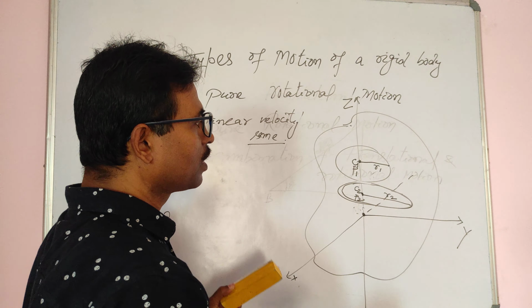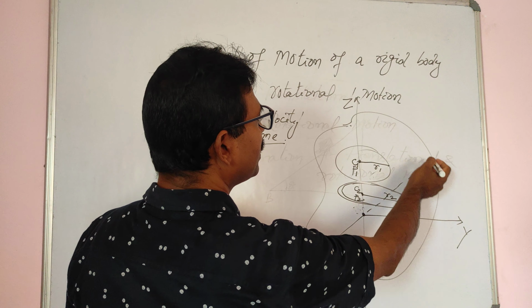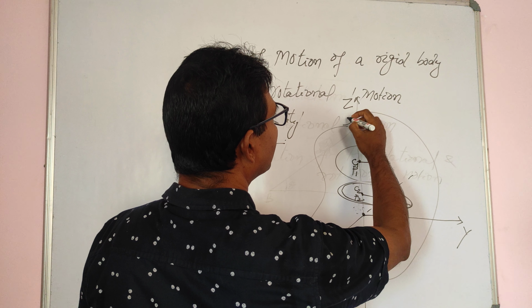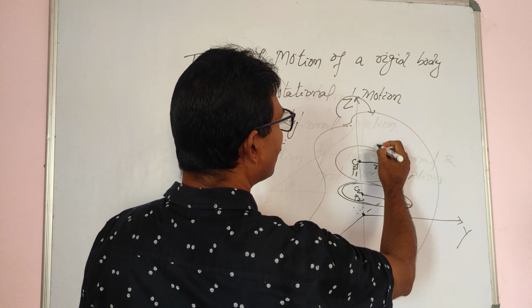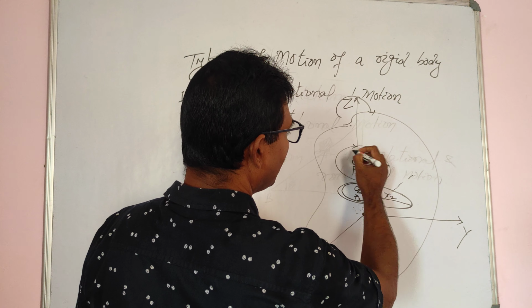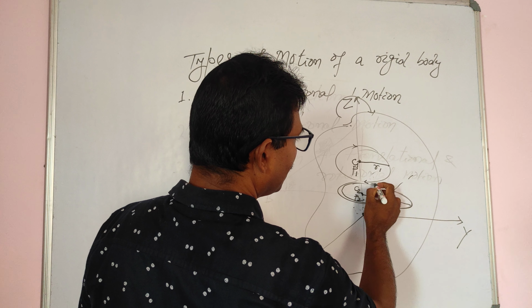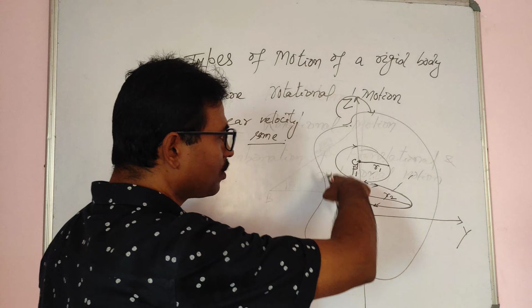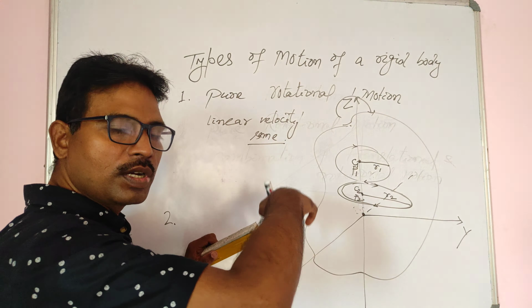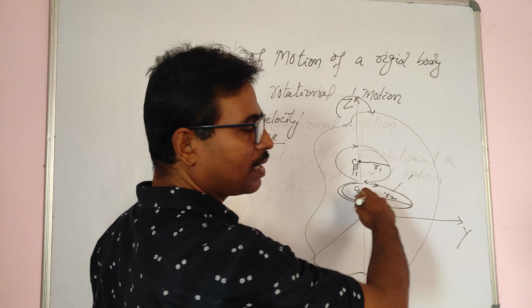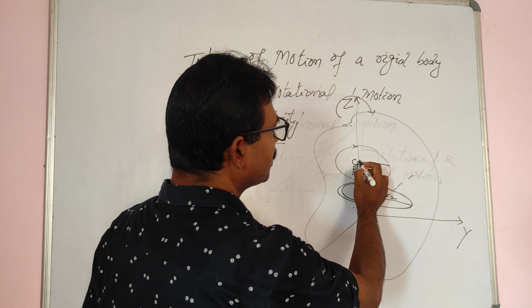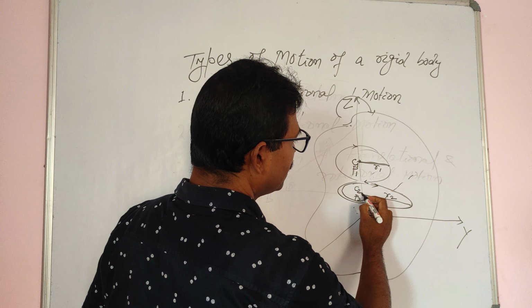What are you observing? When the particles move, what will happen? You see that one. All the particles of the system will revolve around the axis. It is the xy plane, and along the z axis the particles are moving. This is the distance.